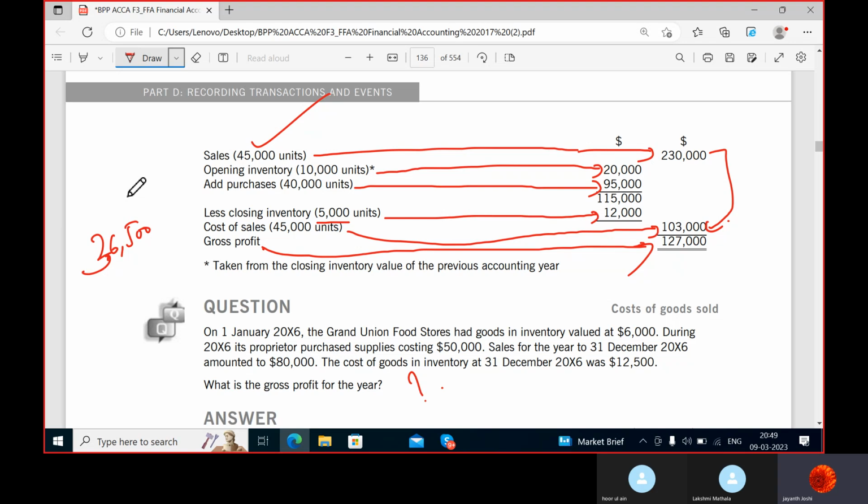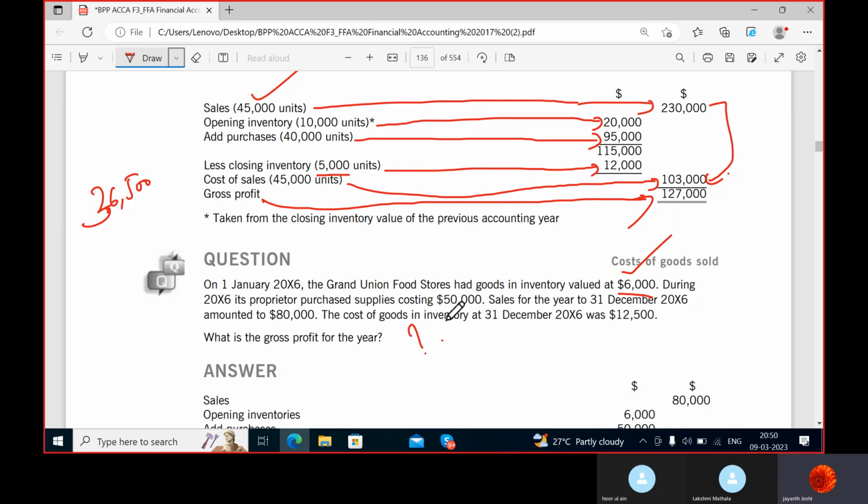Okay, let's solve this question at last. I was expecting an answer, Hamsika. Now, on 1st Jan, the Grand Union Food Stores had goods in inventory valued $6,000. So this is their opening inventory. And they purchased $50,000 worth of goods, and that amounted to 80,000. So your sales or revenue is 80,000.